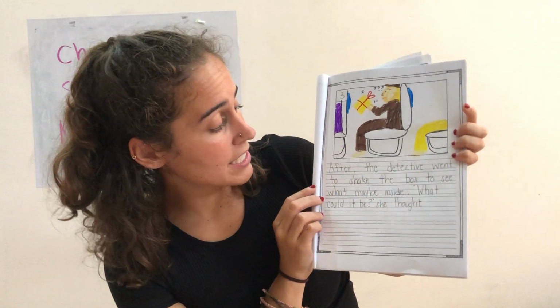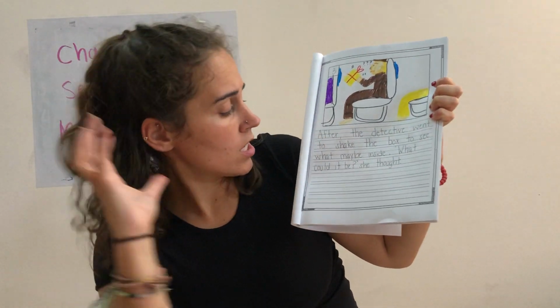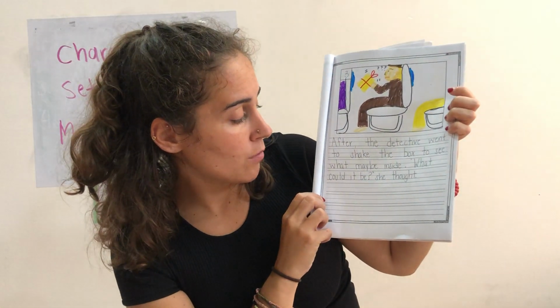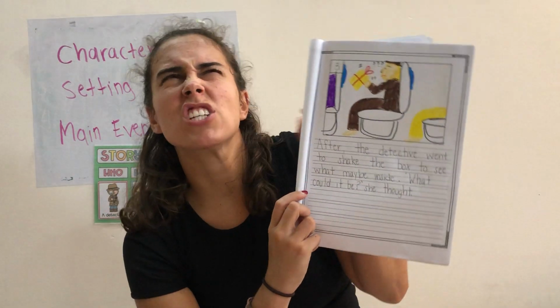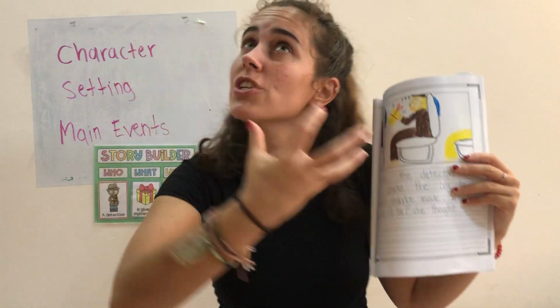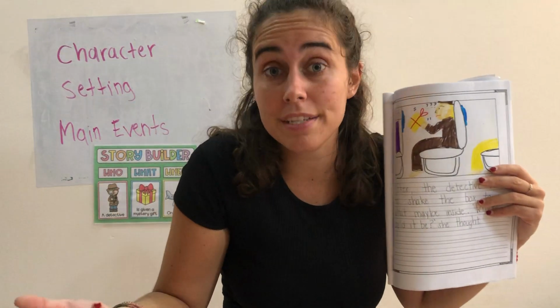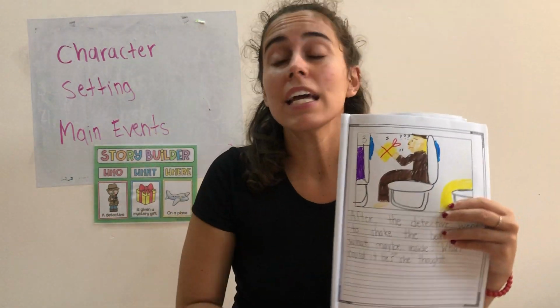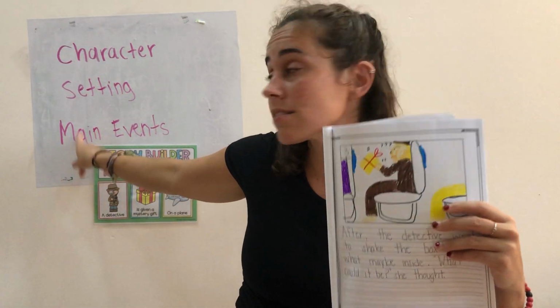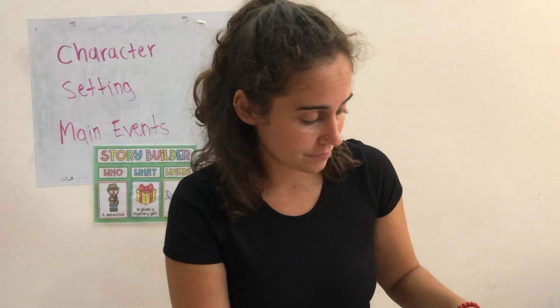After, the detective went to shake the box to see what maybe is inside. What could it be? she thought. So I told you how she is thinking about it, because she is a detective, right? So now the detective is shaking the box on the airplane.